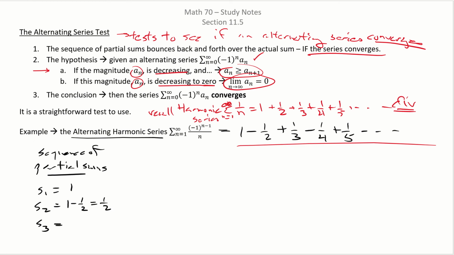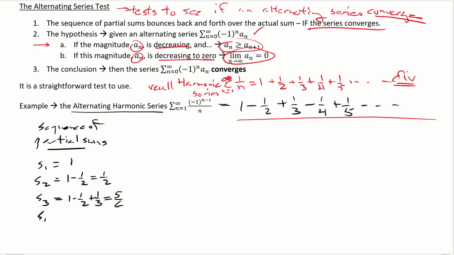S sub 3 is 1 minus a half plus a third, and I think that takes us to 5/6 if I'm not mistaken. S sub 4, well, you get the point. It's 1 minus a half plus a third minus a fourth, and then S sub 5 is, and you just keep going.